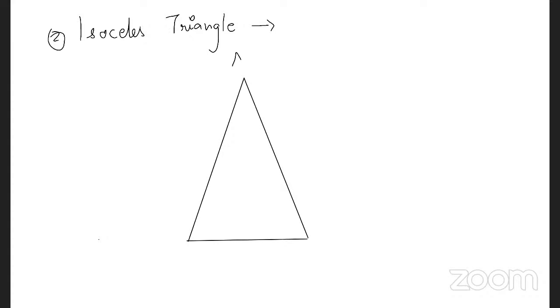Now this is triangle ABC. AB is 6 centimeter, AC is 6 centimeter, and BC is 4 centimeter. So can you see that two sides are equal? This side is equal to this side in length. So a triangle in which measure of two sides are equal is known as isosceles triangle.